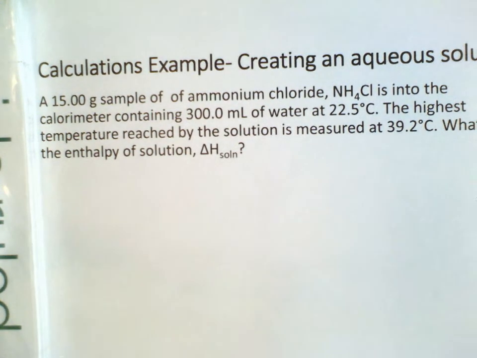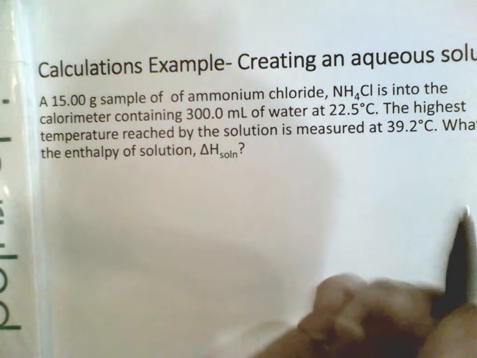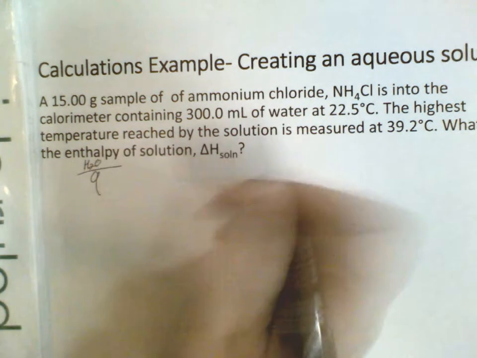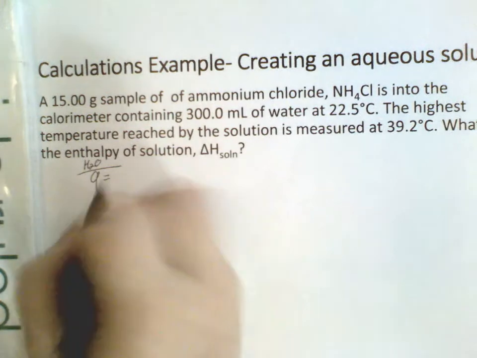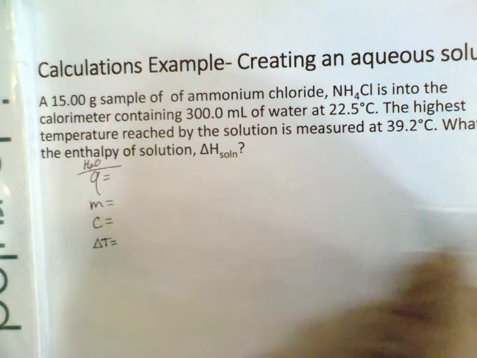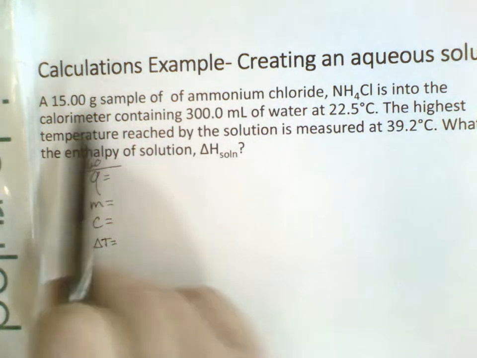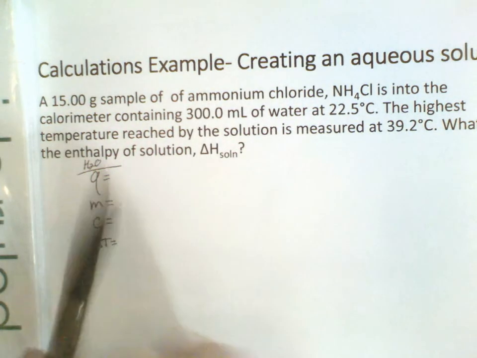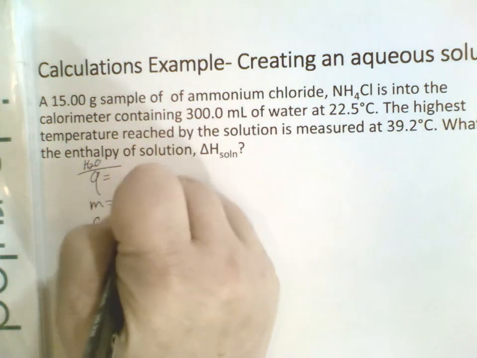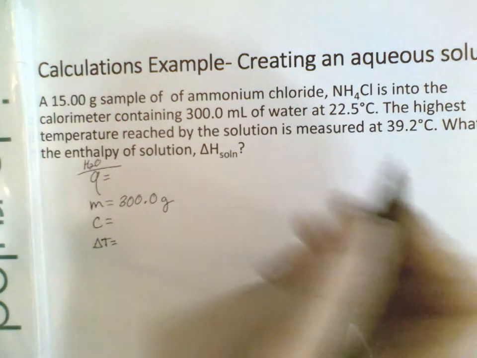All right, so let's start with our Q again of our water. So Q equals m c delta T. We do have our mass of our water because we have its volume, so 300.0 grams of water.